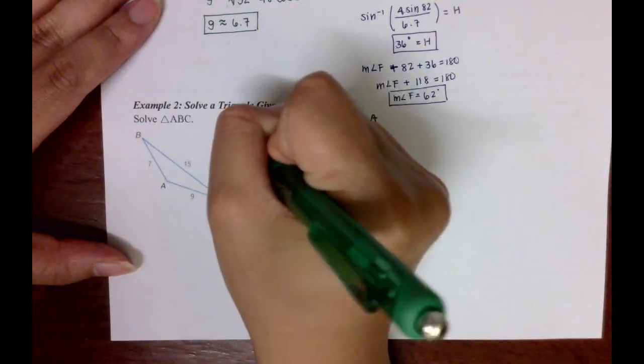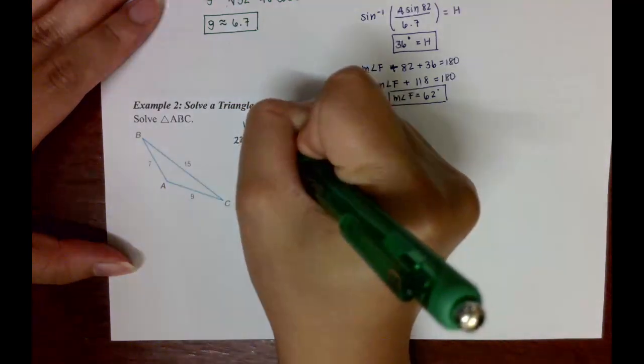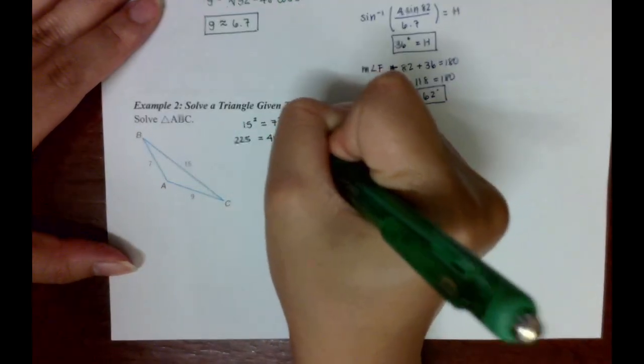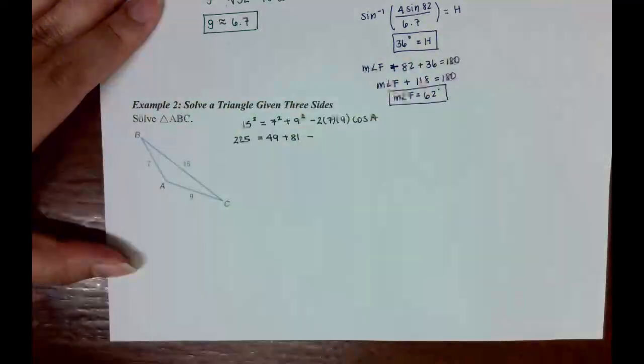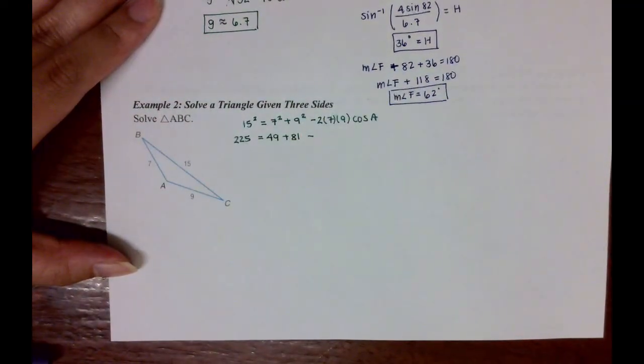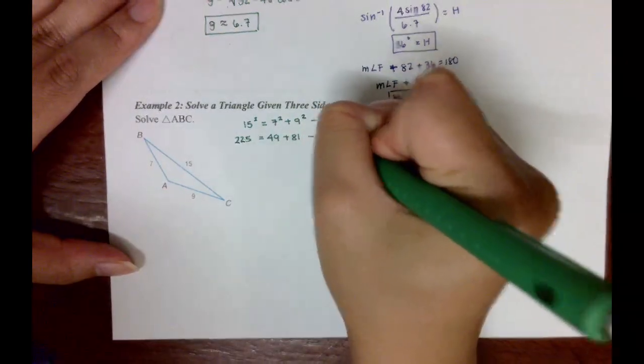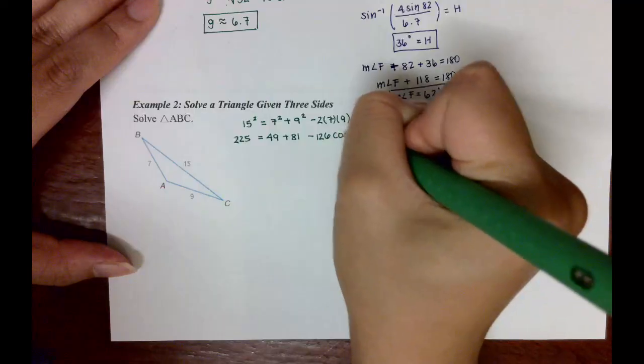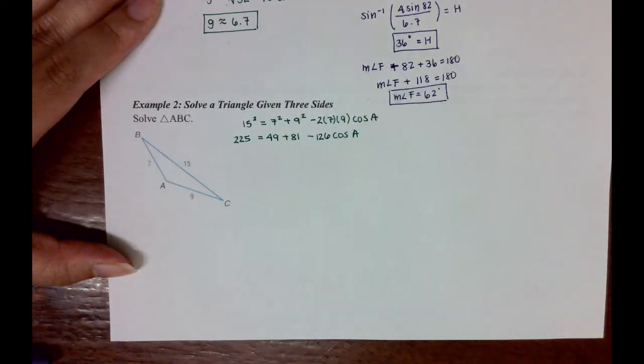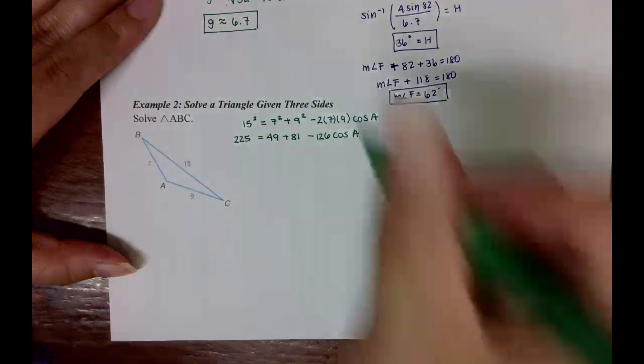Now let's solve. 15 squared is 225. 7 squared is 49. 9 squared is 81. Negative 2 times 7 times 9 is 126. Minus 126 cosine of A. 49 plus 81 is 130.